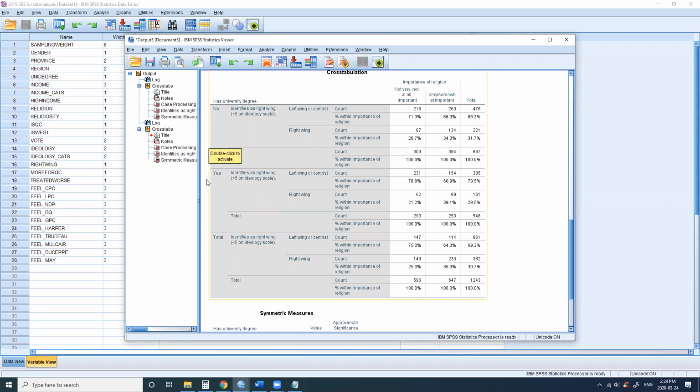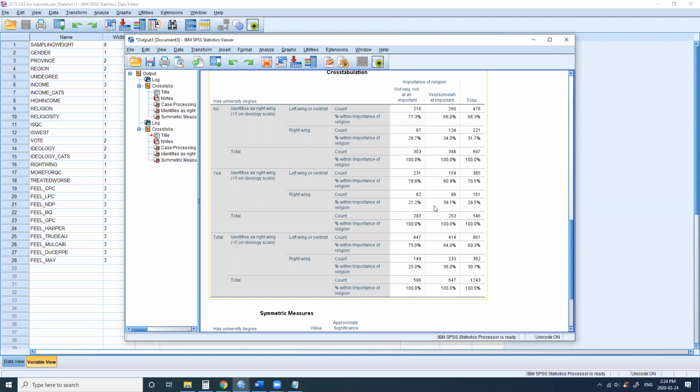Amongst those with a university degree, we see that 39.1% of those for whom religion is very or somewhat important identify as right-wing, versus only 21.2% of those for whom religion is not very or not at all important. So here, the gap is 17.9 percentage points.